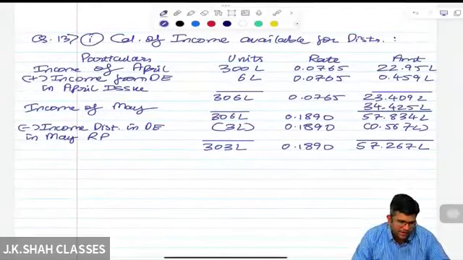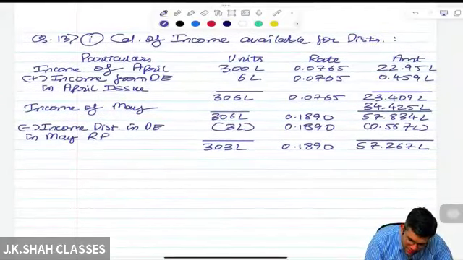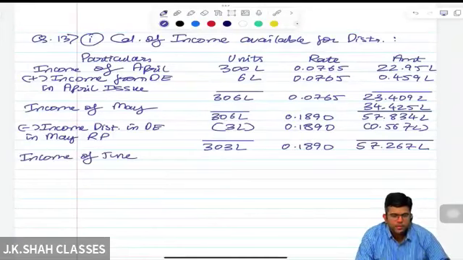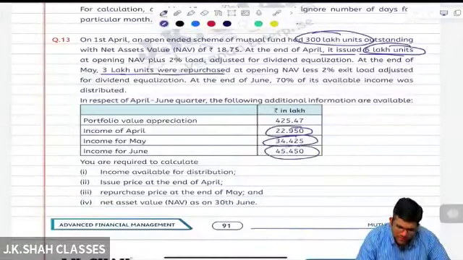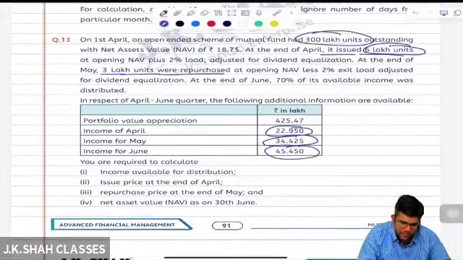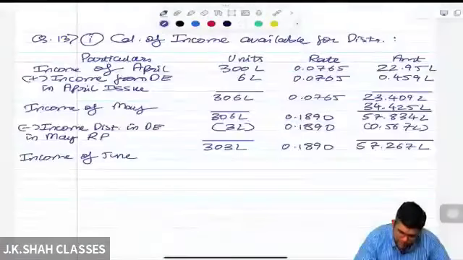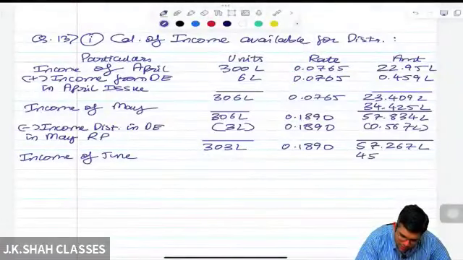Now, can I say we enter into June? There will be income of June. Students, income of June will be 45.45 lakh.